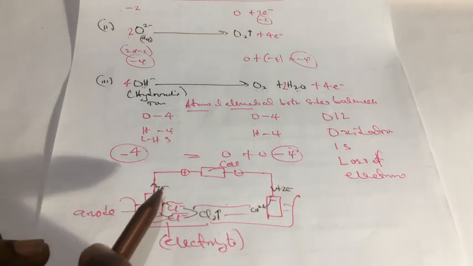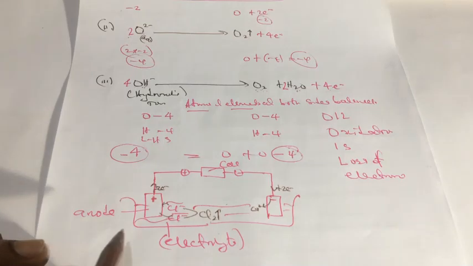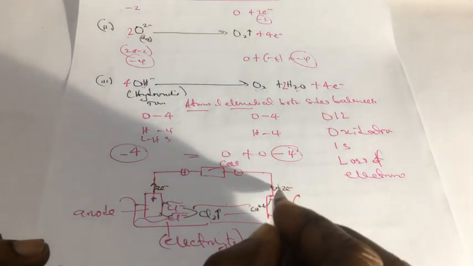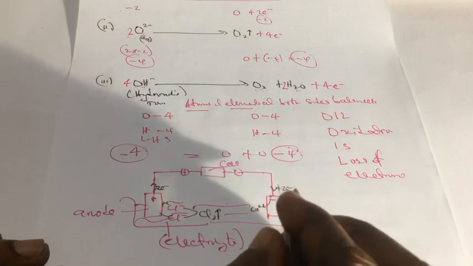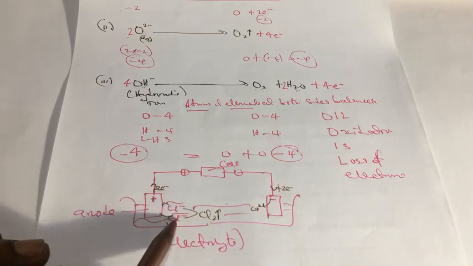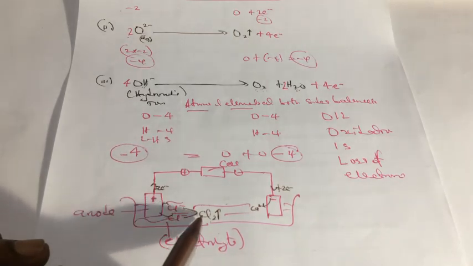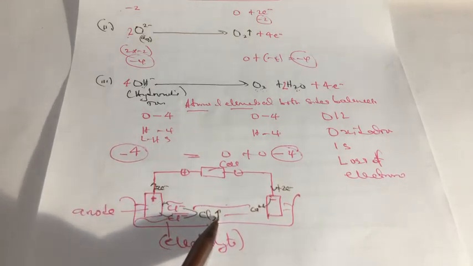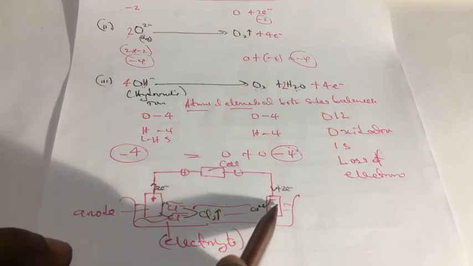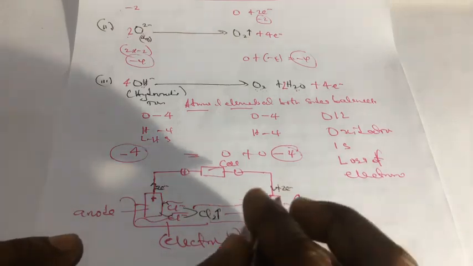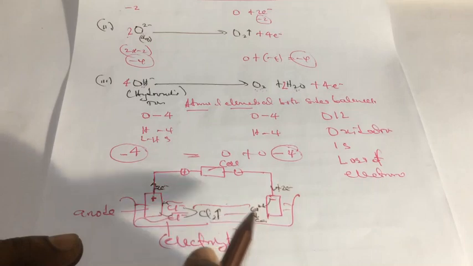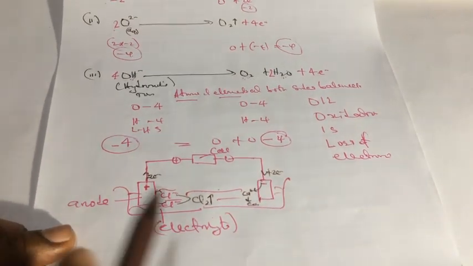So electron is always lost at the anode, and electron gain is at the cathode. Electrons lost by anions at the anode, and the anion is oxidized to a gas. The same electrons pulled or pushed by the battery are gained by cations to become neutral atoms.